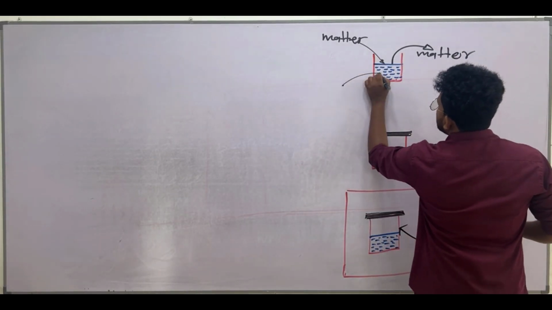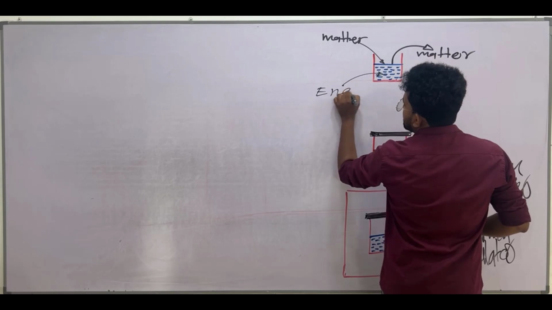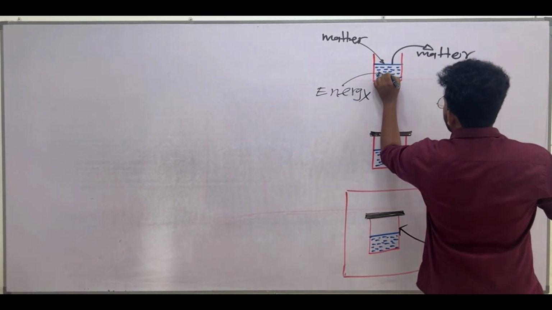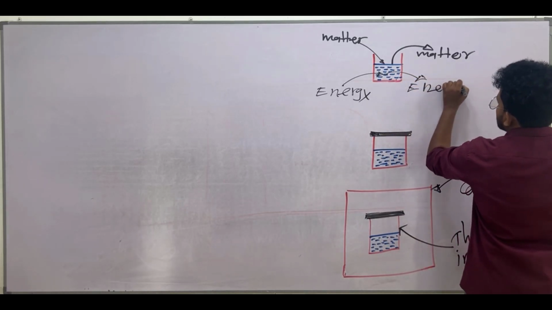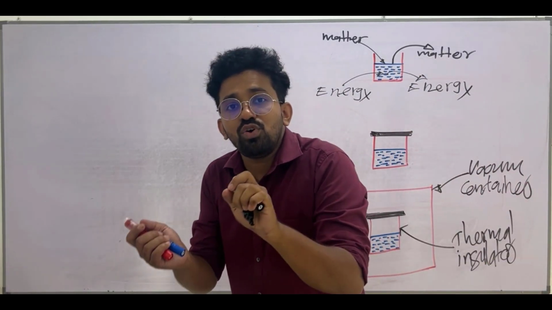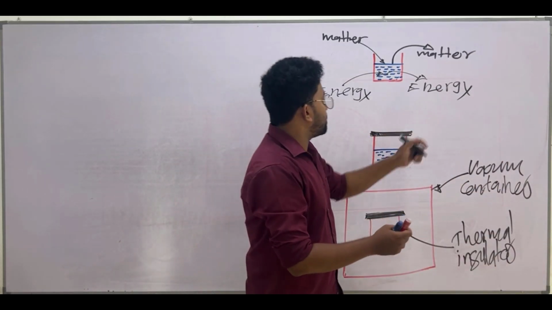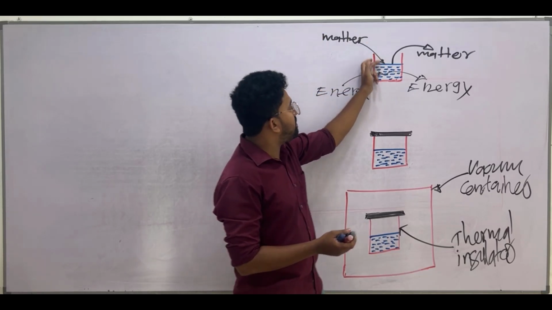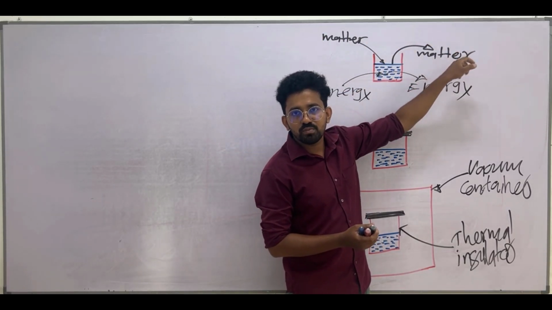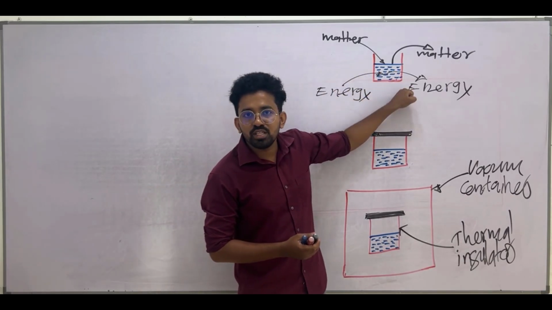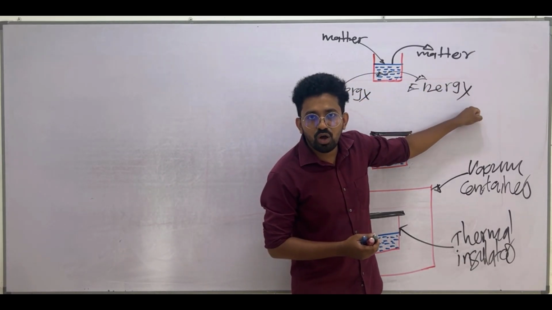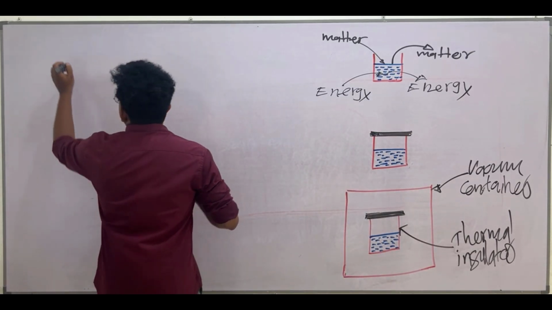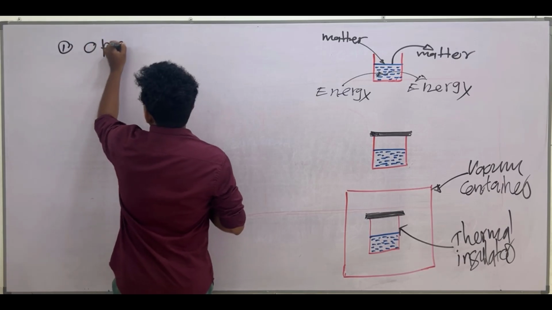Also energy can transfer inside the system, and energy can go outside from the system. So in an open system, matter can come and go, and energy can come inside and go outside. So that is an open system.